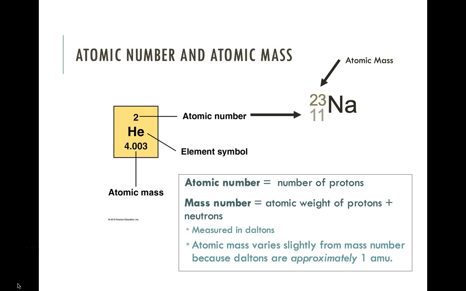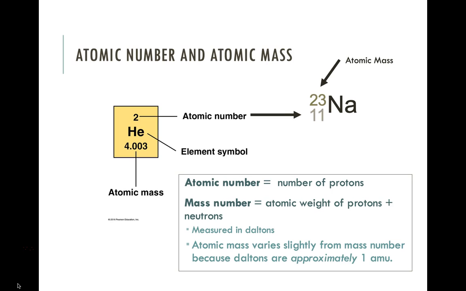But the difference comes from the number of electrons. One accounts for the very, very tiny number of electrons and an estimate of the units that you use to measure these guys. But we're going to just call the atomic mass and the mass number the same thing. I tend to use the phrase atomic mass because that's the information we get from the periodic table. So you can determine the number of protons or the number of neutrons from the periodic table.